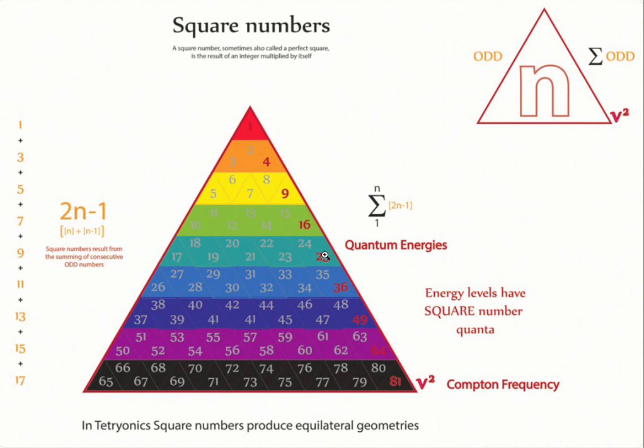In order to increase the energy level, you specifically need 9 quanta to increase it to energy level 5. And it's this specific number of quanta within each quantum level, or the odd numbers within the geometry, that gives us our spectral lines and the photoelectric effect as described by Einstein.